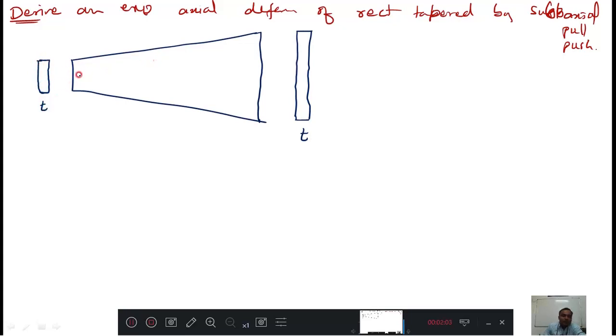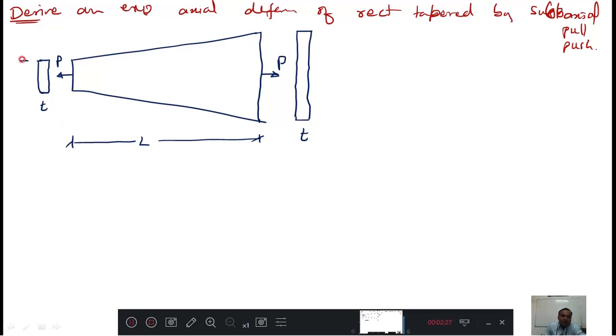Okay, then this is pulled by the force P, this is resisted by the force P. And the total length is L. Here the cross sectional area is changing from here to here, therefore I don't write a cross sectional area.